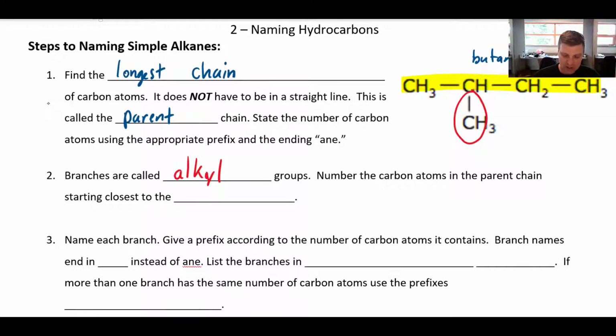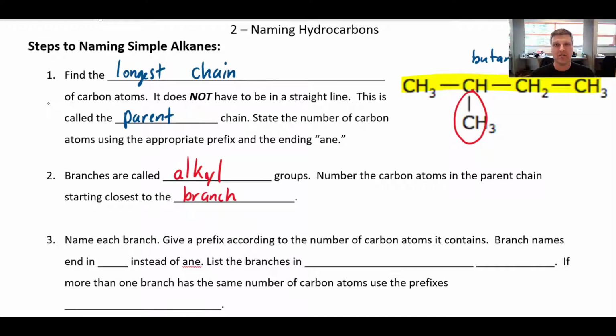What I'm going to do is number the carbons in the parent chain starting closest to the branch. And we're going to see that this rule is going to get a little bit fuzzy as the compounds get more and more complicated. But basically, I've got a 4-carbon chain, and I could either number it starting with a number 1 here on the left, or I could start with number 1 there on the right.